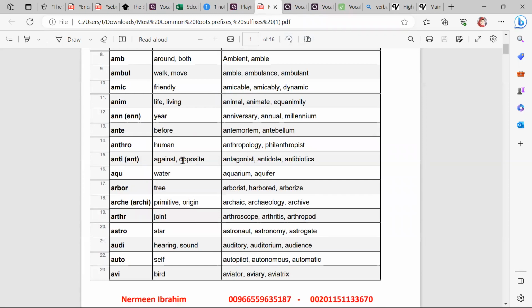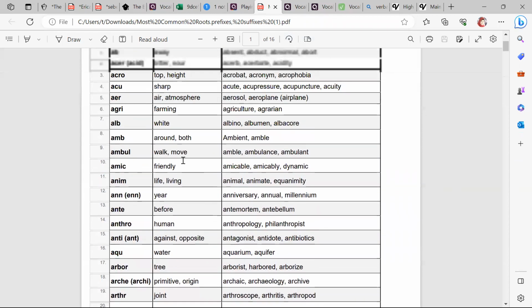So when we know that a certain word has the prefix anti, it means there is an opposing thing going on, a certain opposite meaning going on in the term that I'm trying. Okay, so try to use this, please.